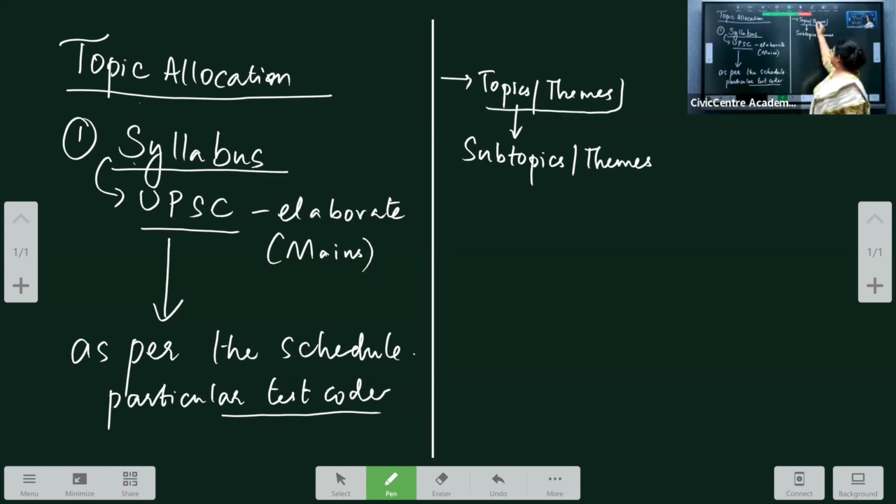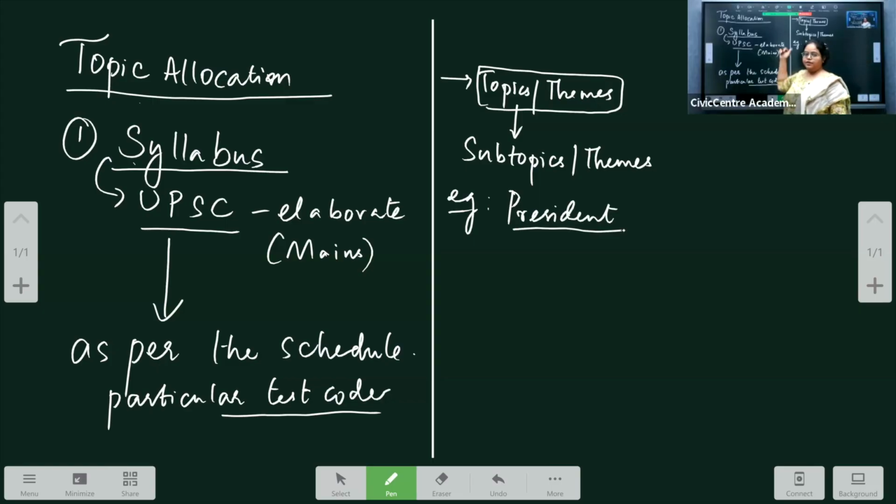Now these topics or themes, for example, if we are taking a subject like polity and the theme is, say, president, right? This is the theme that is given in the syllabus as per your schedule on that particular day. Now this will become your theme.